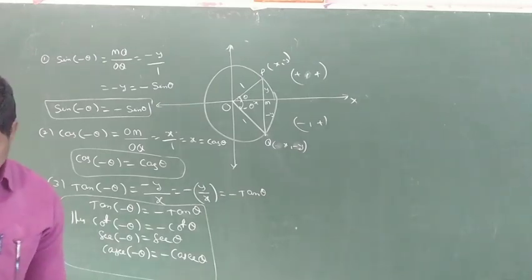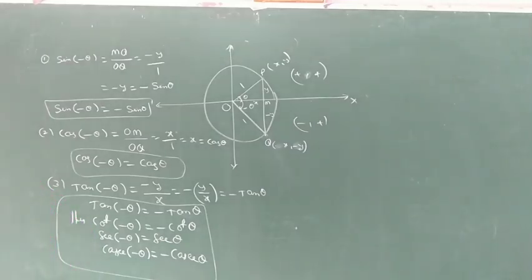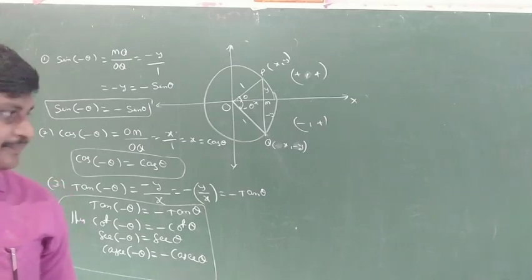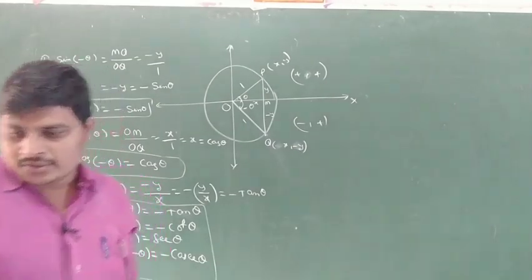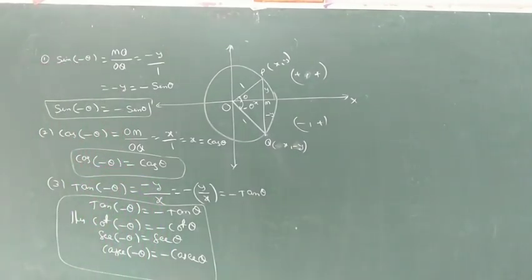Okay, look at this. Trigonometry basic table: sin 30 degrees, and so on. This is the basic table.